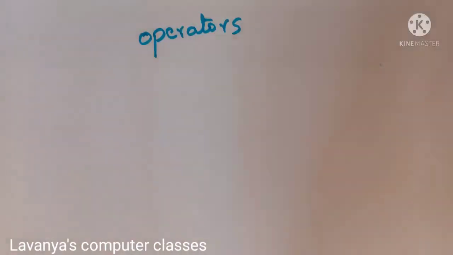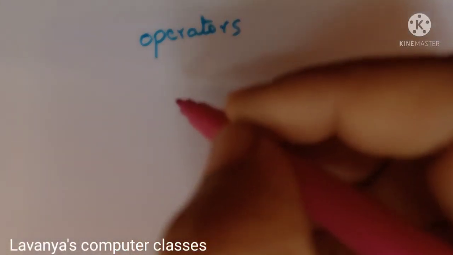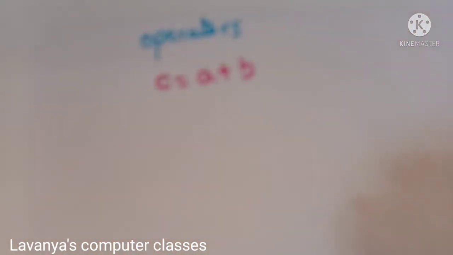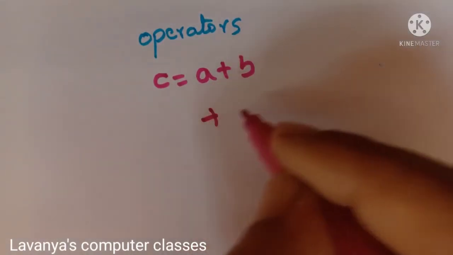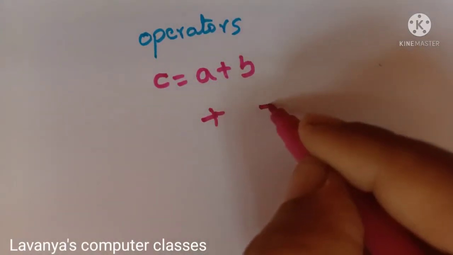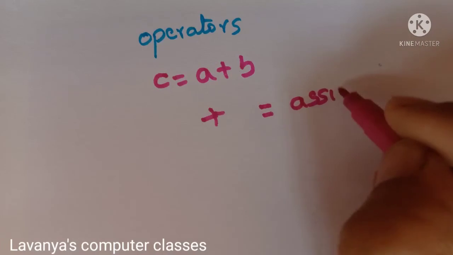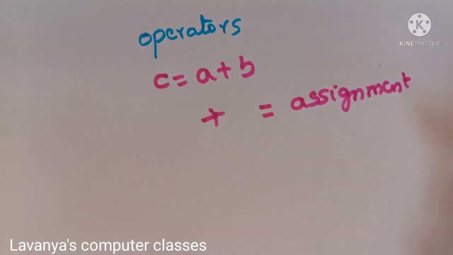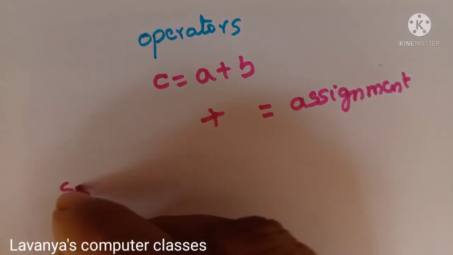Arithmetic operators, logical operators, relational operators, everything. C is equal to A plus B. In this example, plus is an arithmetic addition operator and equal to is an assignment operator. So these are all called operators. This is also one part of the tokens. Next one is separators.